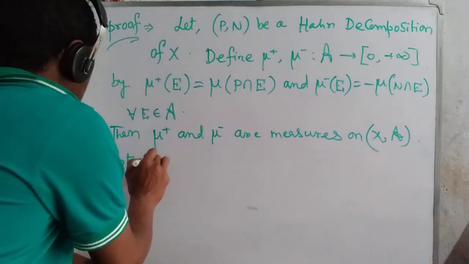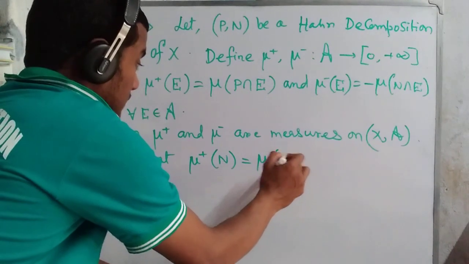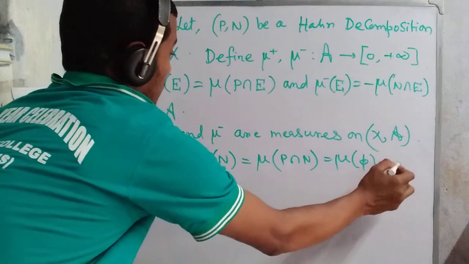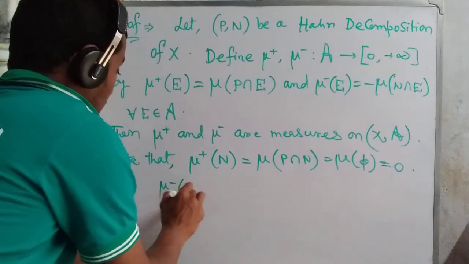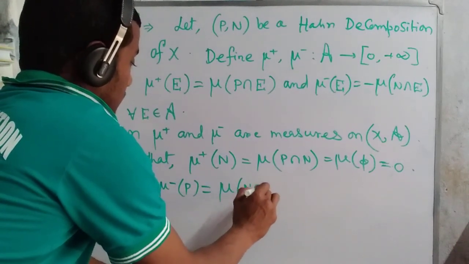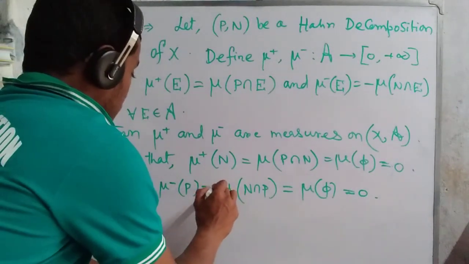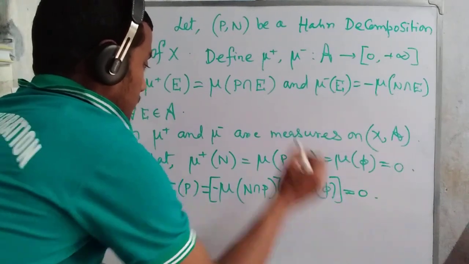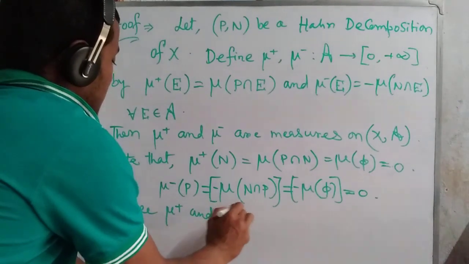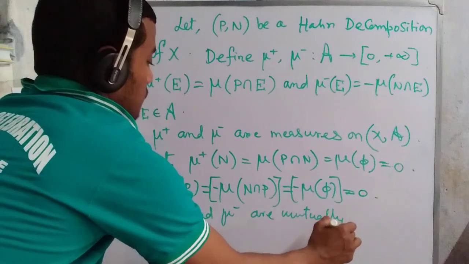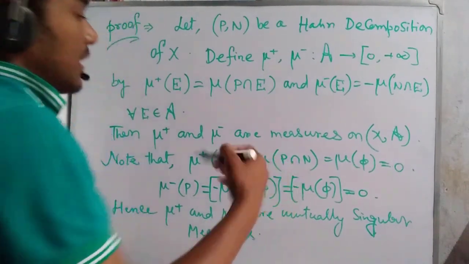Now note that μ⁺(N) = μ(P ∩ N) = μ(∅) = 0, and we know μ(∅) = 0. Then μ⁻(P) = −μ(N ∩ P) = −μ(∅) = 0. Sorry, I wrote a minus wrongly here. Hence μ⁺ and μ⁻ are mutually singular measures, because all values are greater than or equal to 0.